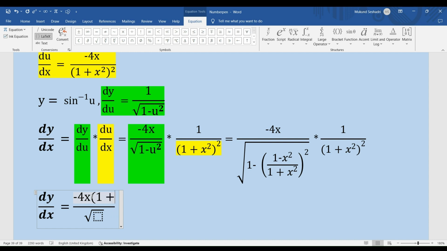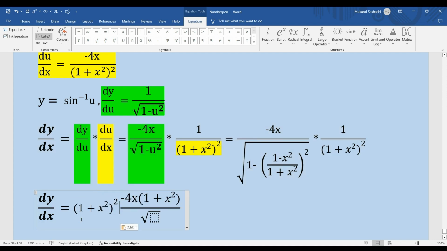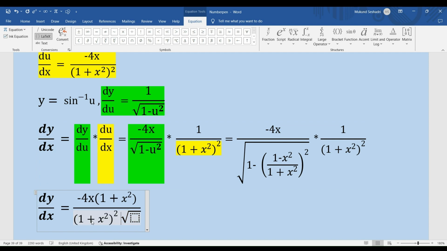So I have a 1 plus x square in the numerator now. And then I have a 1 plus x square the whole square still with me, which is available to cancel with what we just put in our numerator, of course, one of them.